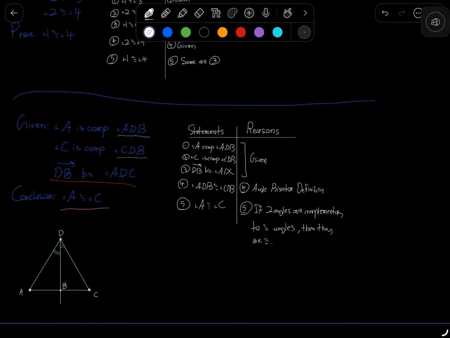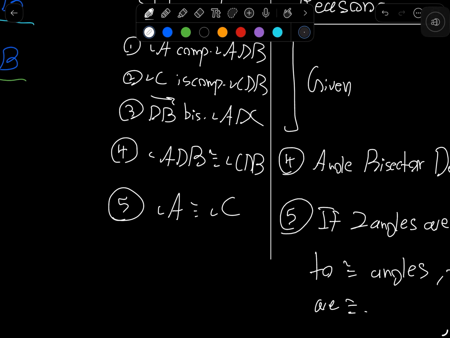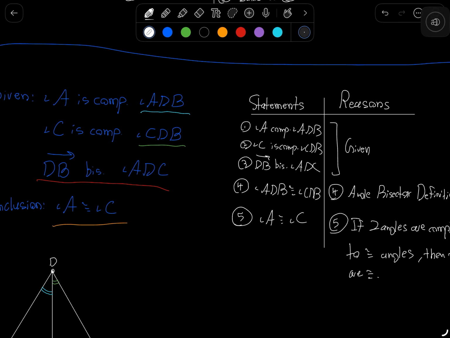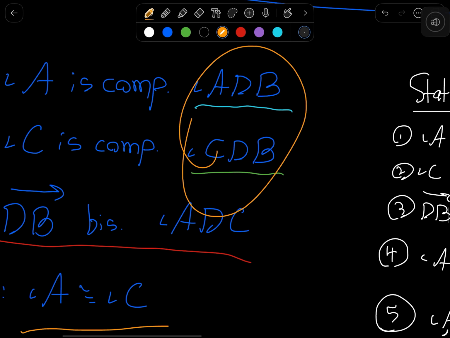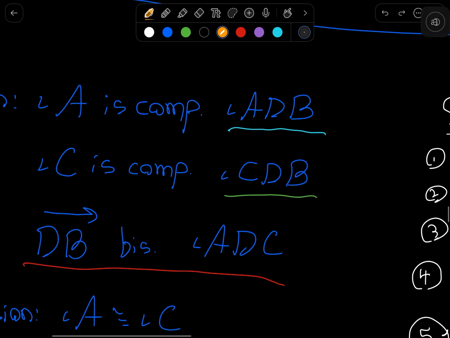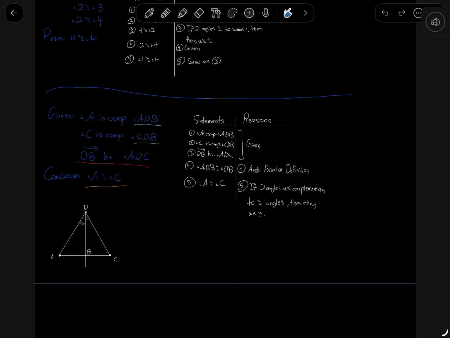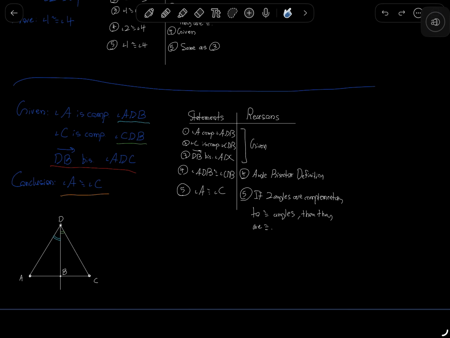You can say because angle ADB is congruent to angle CDB, you can effectively use substitution because these two are equal to each other. So once again, there's a lot of possibilities here, but I just wanted to go over this way because I think this is more of a way to review what we have done in the past.